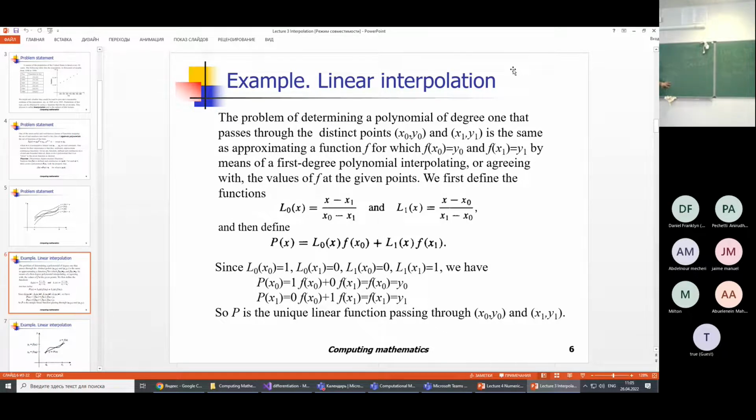According to the rules of differentiation, we can move the constant outside the sign of the derivative, right? 1 over x0 minus x1 times the derivative of x minus x1, because x1 and x0 are constants. What is the derivative of x minus x1?